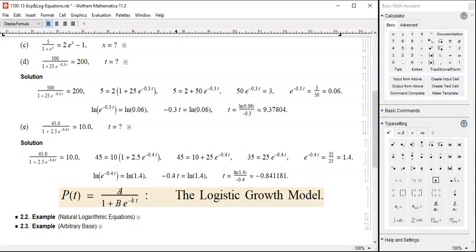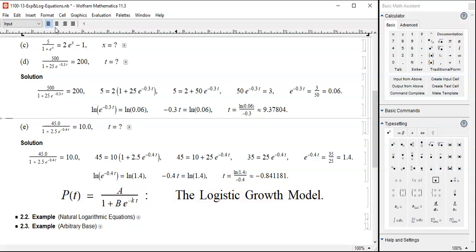Here, the numerator A is the mature population, the stabilizing population, and the values B and K are related to where we start, the initial population, and how quickly the disease or the news is spreading, or the population is growing or stabilizing.